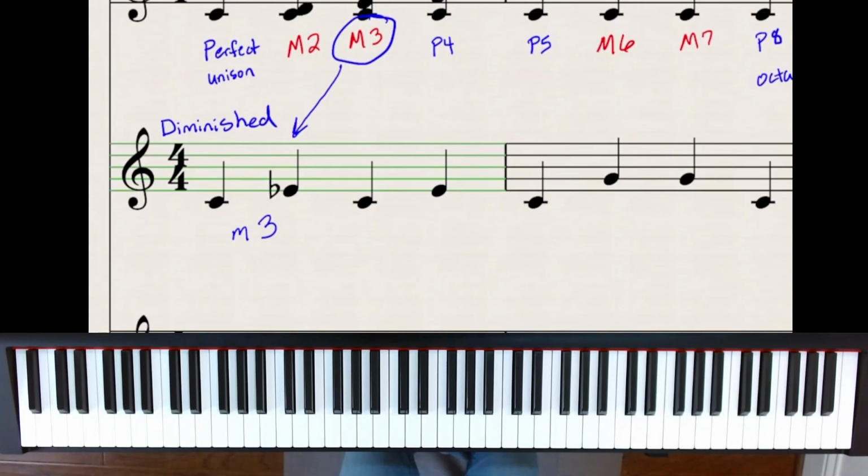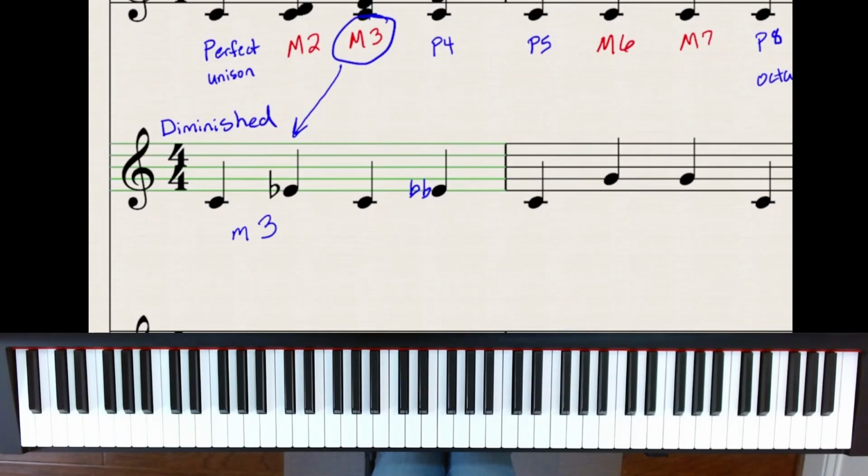Now in order to get a diminished chord, we want to drop the top note again by another half step. So this would create a double flat.